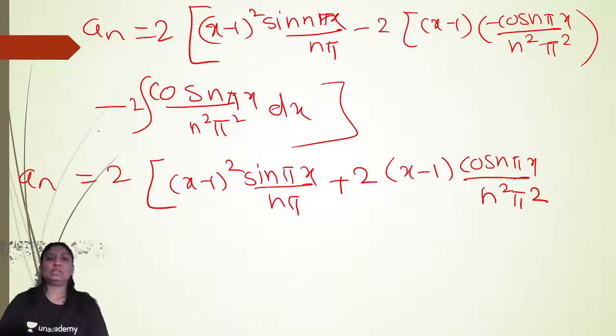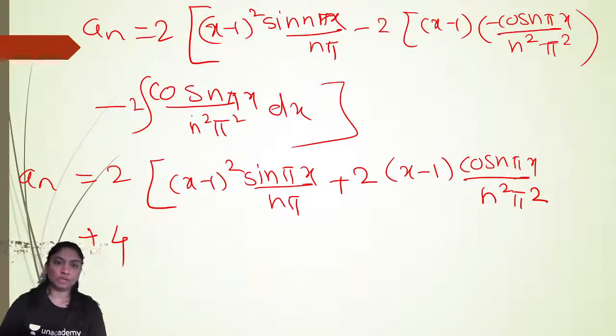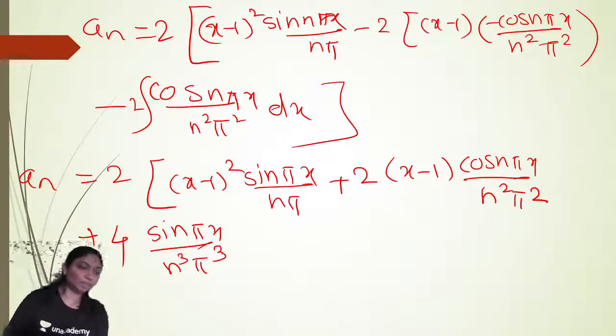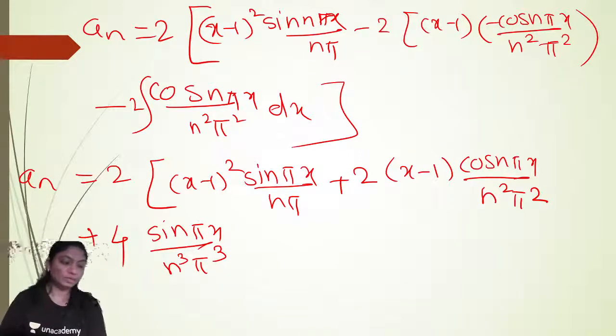Now this minus and this minus becomes plus, right? So this will become plus. Again here 2 into 2. So this will become plus 4 into integral of cos n pi x, which is sin n pi x upon n cube pi cube. Right? So you will get here 4.